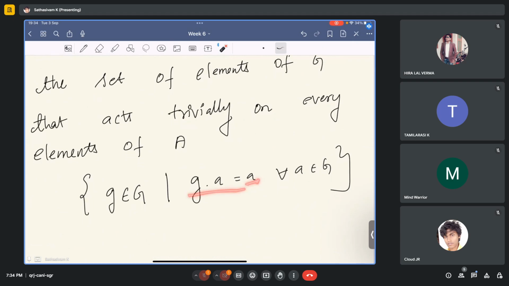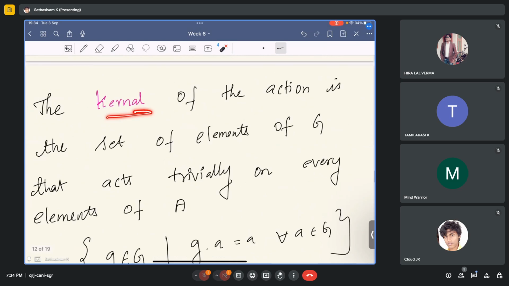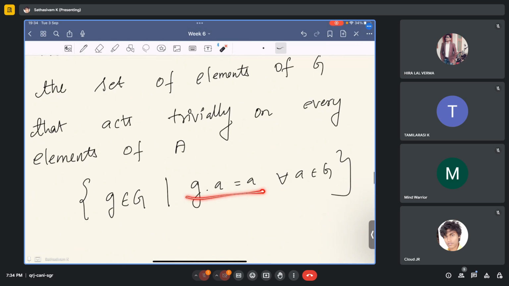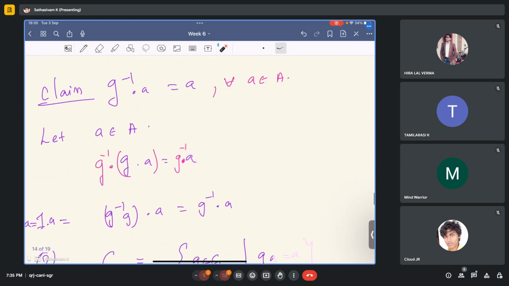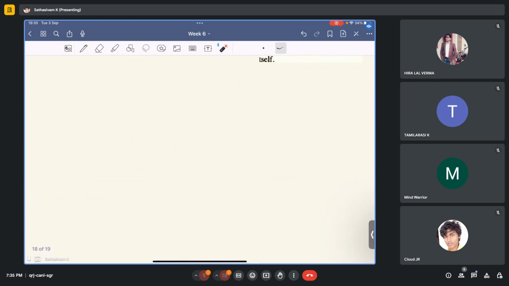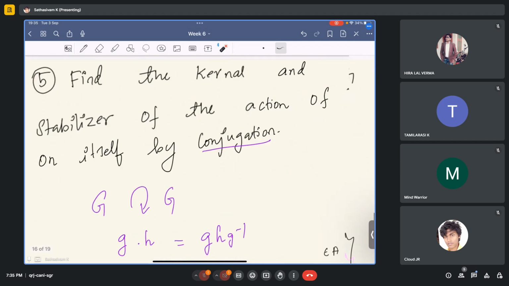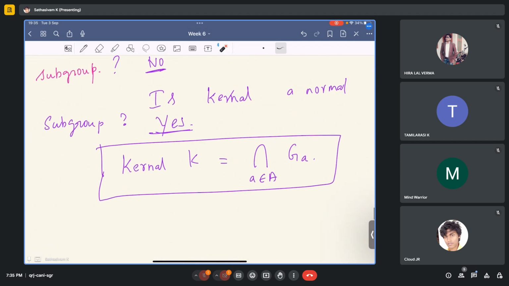So if an element belongs to the kernel, that means it fixes every a, right? So any element of the kernel is an element of G_a for any a. And you can prove the converse also. It's very easy to prove. So once you prove that, what you get is there is a relation between them. Keep it as an exercise, it is very easy to prove.